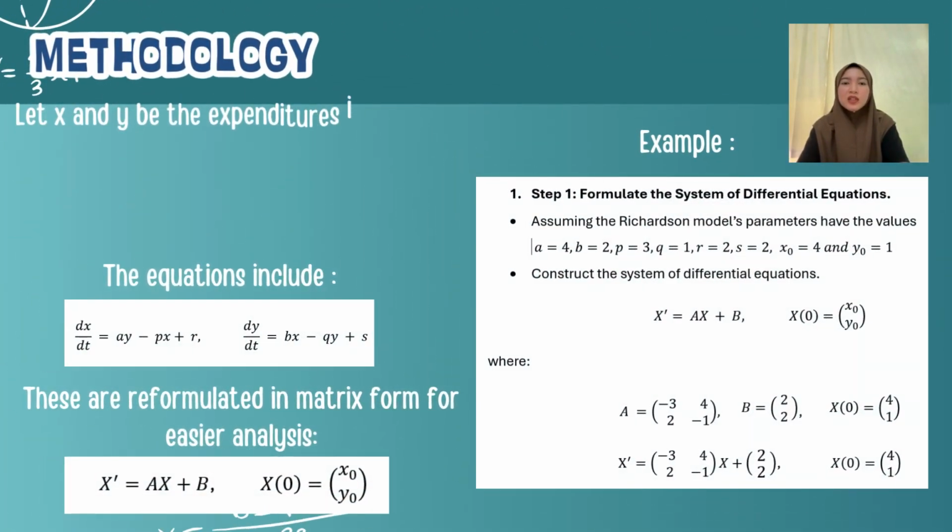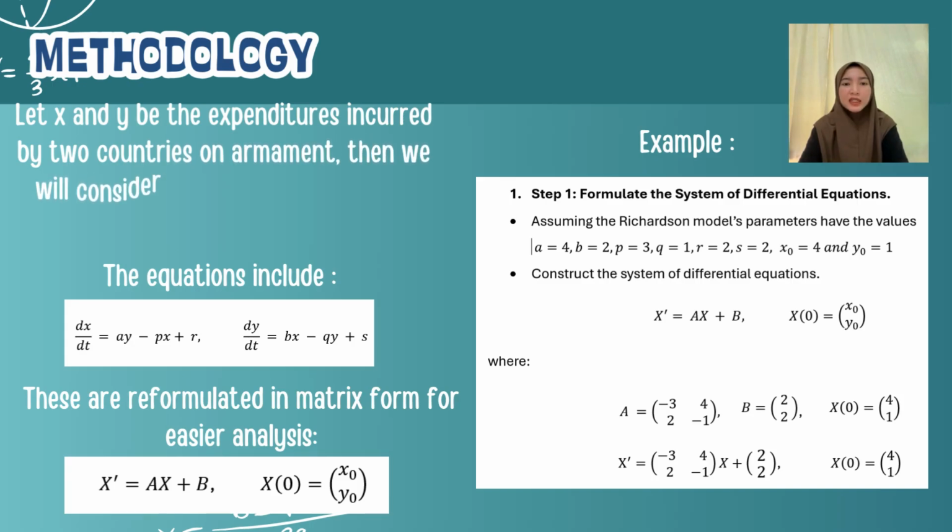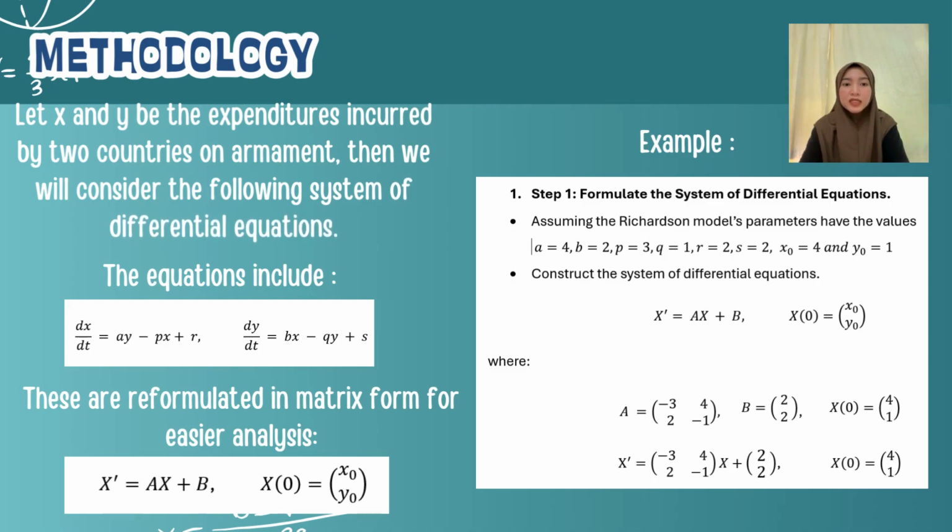Let's take a closer look at the methodology we are using to model the expenditures incurred by two countries on armament. This is represented using a system of differential equations. We denote the expenditures of the two countries as x and y.